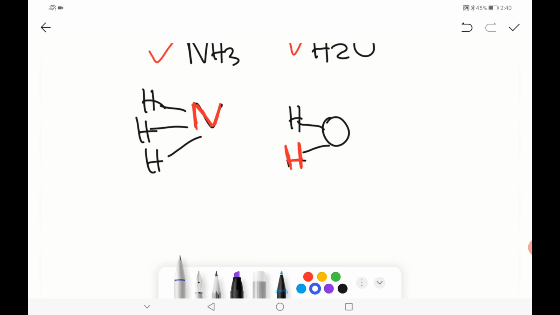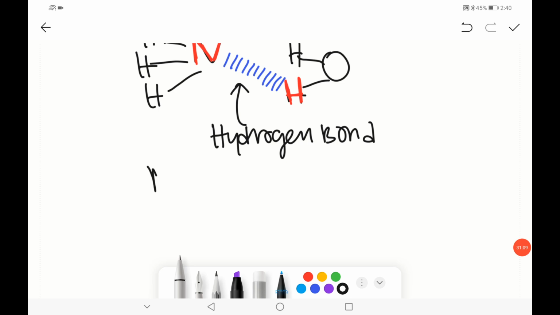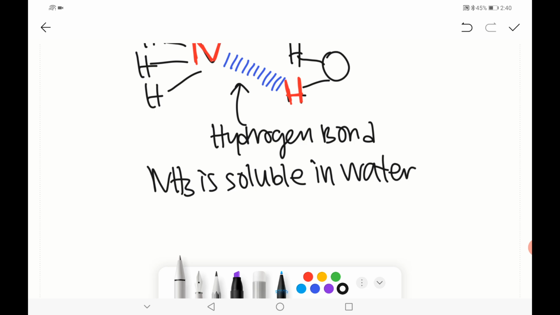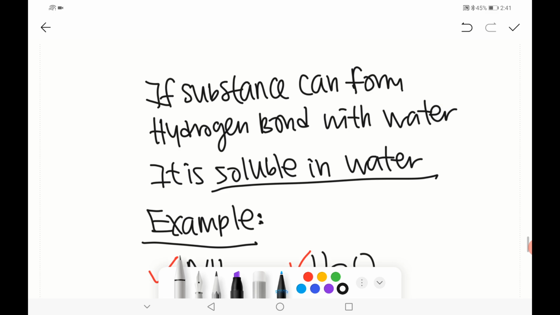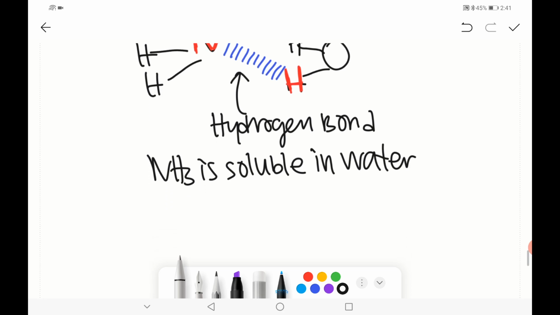So the N of one molecule forms the hydrogen bond with the H of another. Since ammonia is capable of forming hydrogen bond with water, ammonia is soluble in water. That's it, a very simple idea. As long as the substance can form hydrogen bond with water, the substance will be soluble in water.